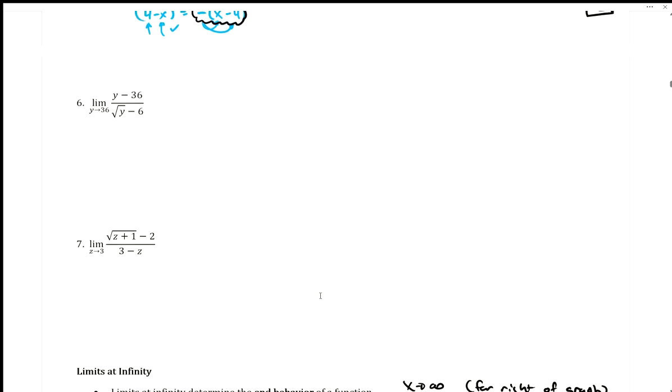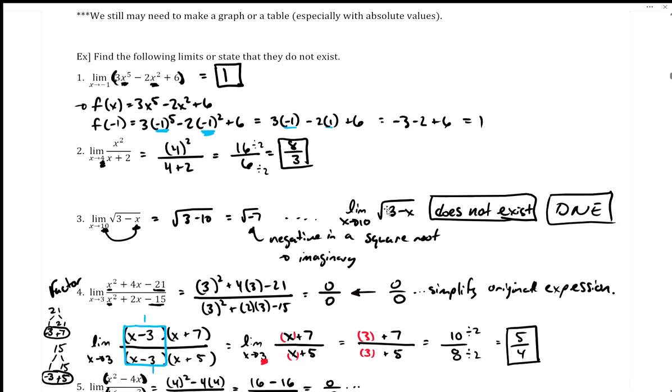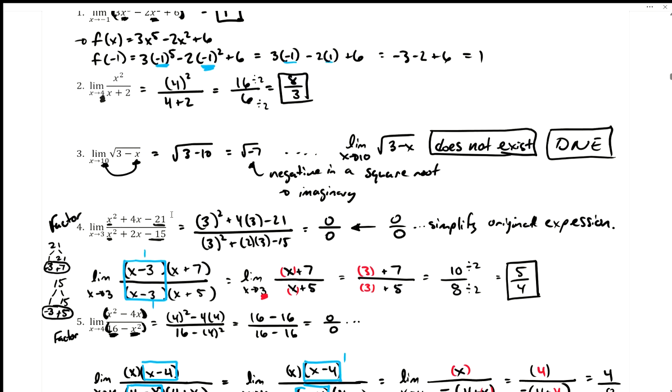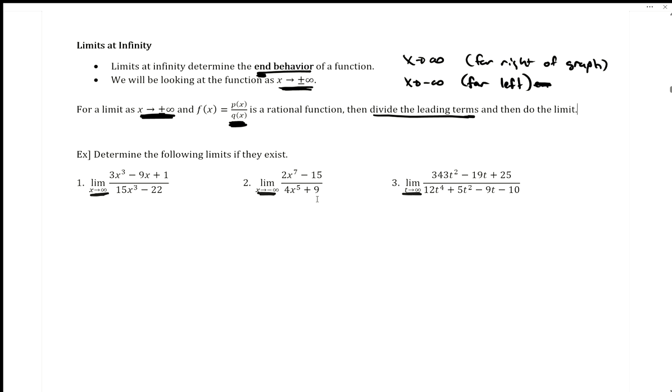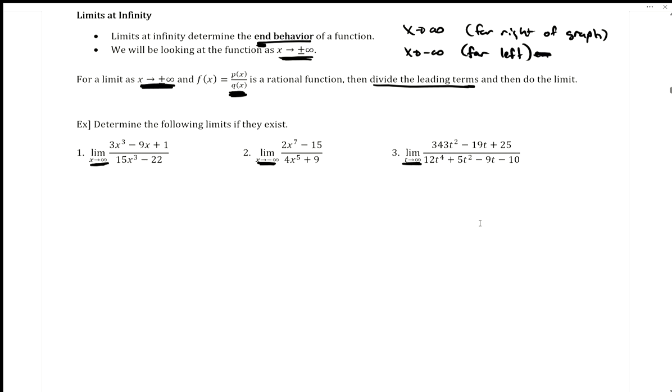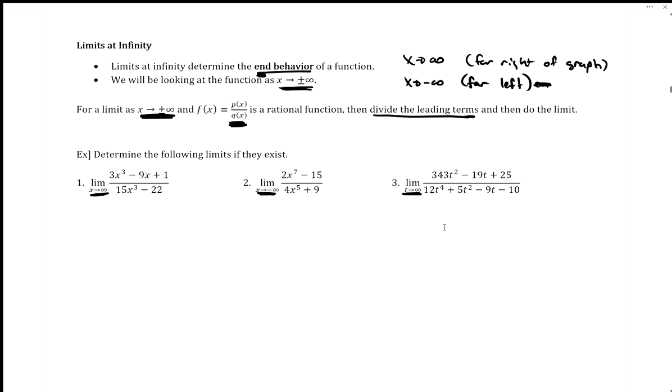So we don't use the rule from the problems in previous videos, where x goes to 4 or x goes to 10. We used different methods to get those answers. Infinity is special, and we have a different technique to do it.